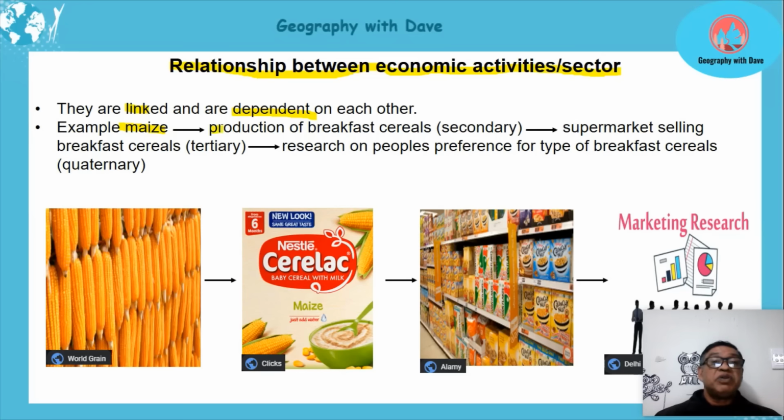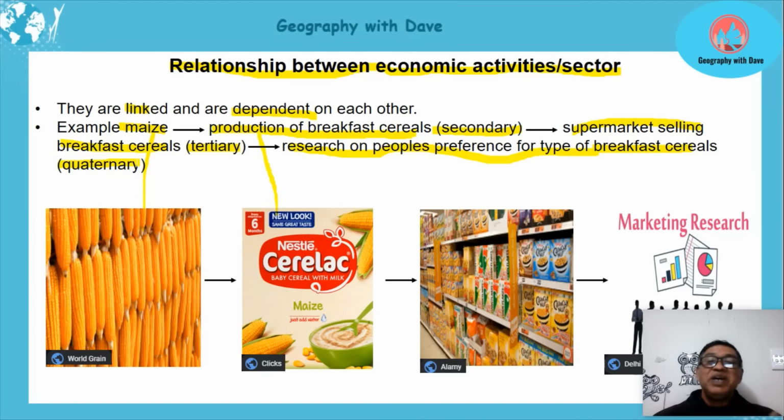The production of breakfast cereals is your secondary economic activity. The supermarket selling the breakfast cereals is your tertiary. Can you see the flow here? Then research on people's preferences for type of breakfast cereals is your quaternary.